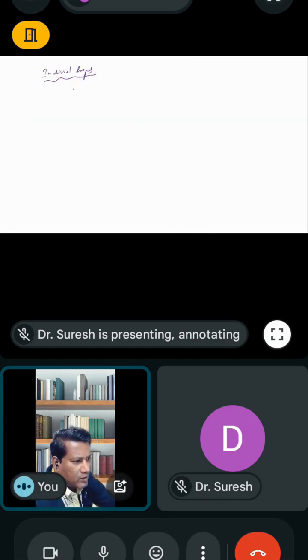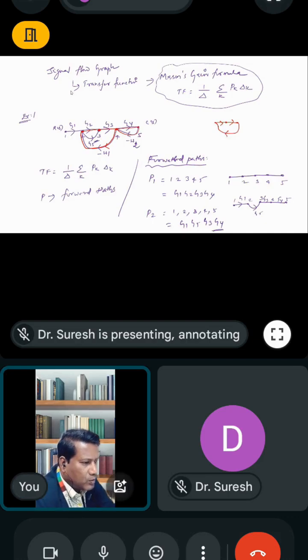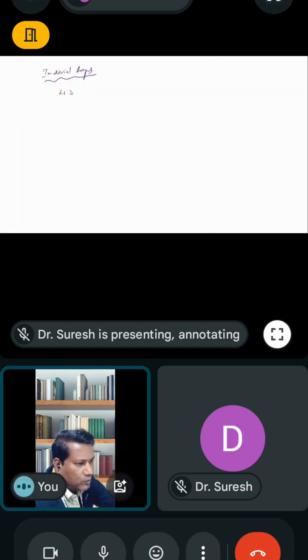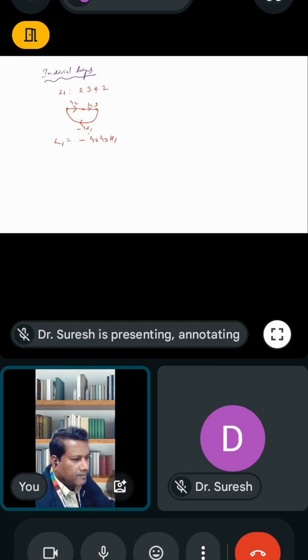The first loop consists of nodes 2, 3, 4 and again 2. The gain values are mentioned, and finally the overall gain of the loop is minus G2 G3 H1.